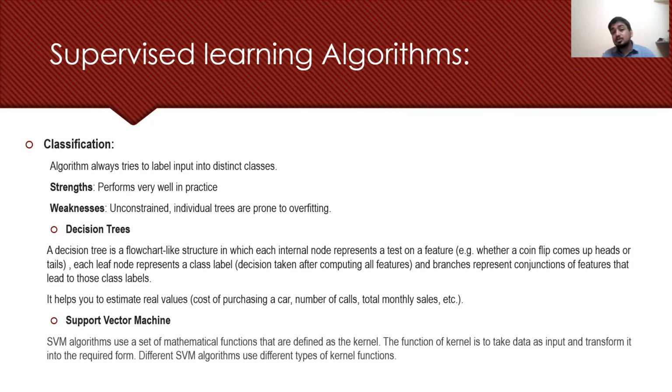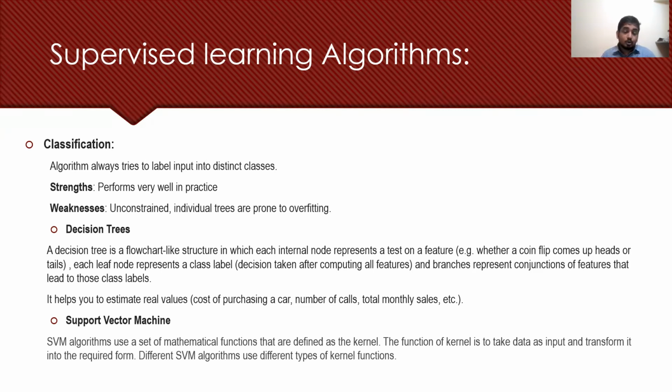It's talked about in very much detail by others, so I will not go deep into that. What is the use of decision trees? Decision trees help to estimate real values: cost of purchasing cars, number of calls, total monthly sales, etc.